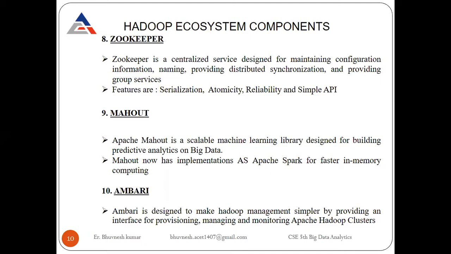It can be predictive or distributed, because Mahout is made up of machine learning libraries. Mahout now has an implementation on Apache Spark for faster in-memory computing. The concept that is added to it is now Apache Spark, for faster in-memory computing.